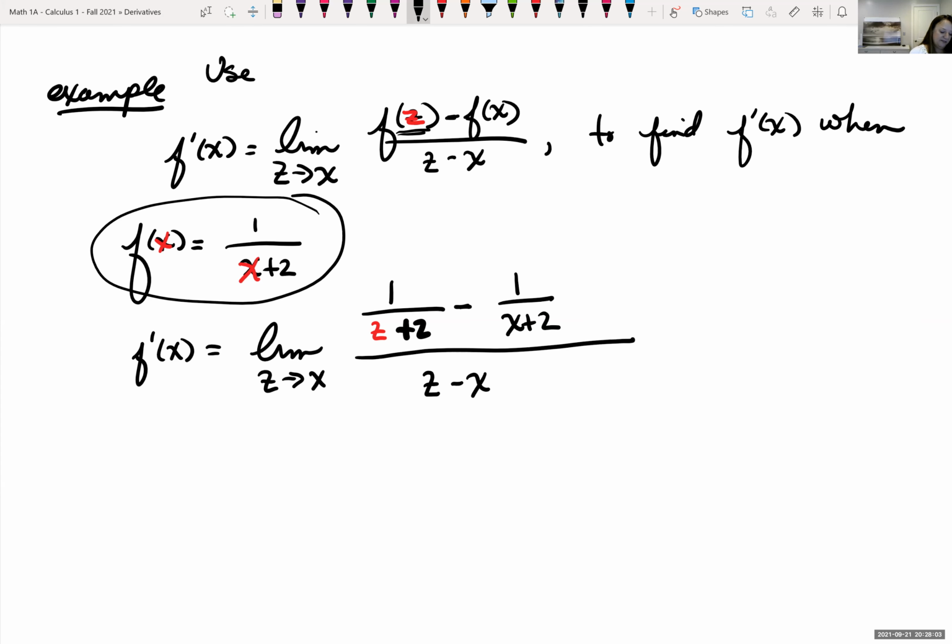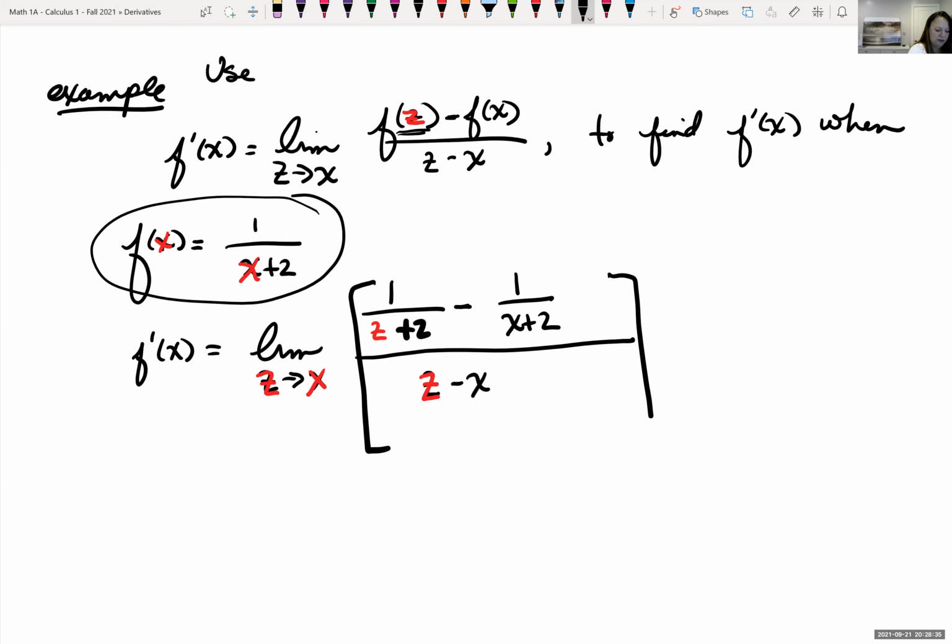But notice if we go in here and plug in x wherever we see a z, in the numerator I'm going to have 1 over x plus 2 minus 1 over x plus 2, which is 0. And in the denominator, I would have x minus x, which is 0. So I have that indeterminate form. And so I have to manipulate it to get rid of that form so I can get the derivative function.